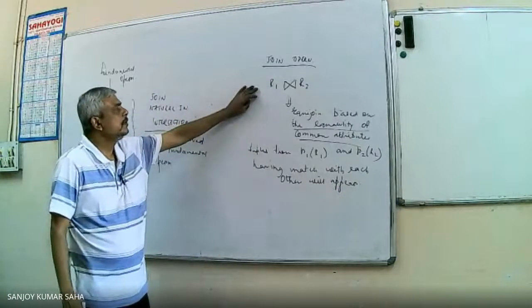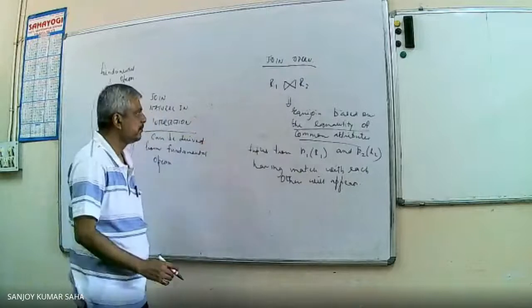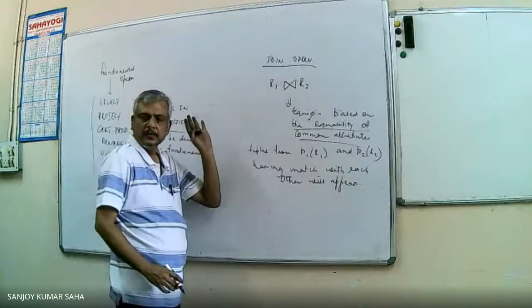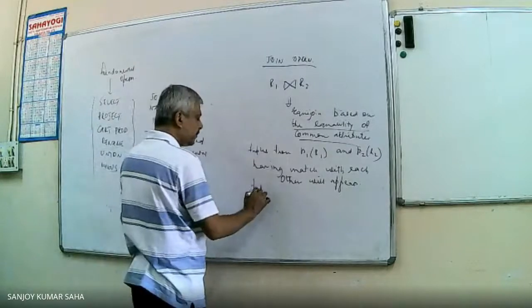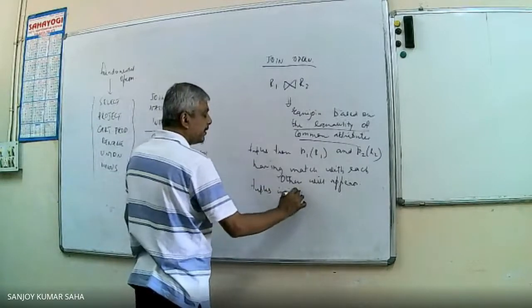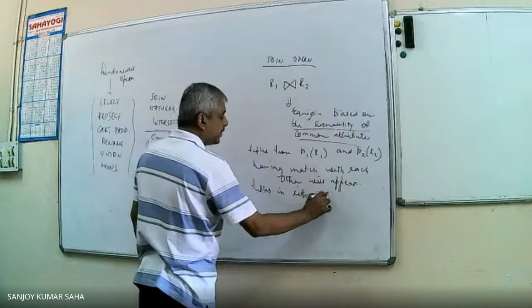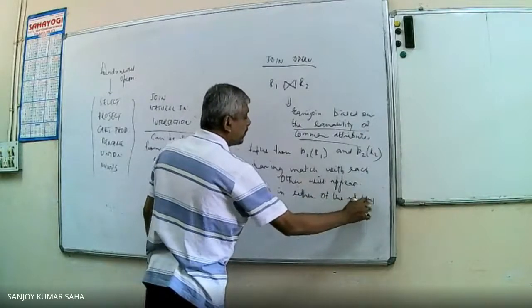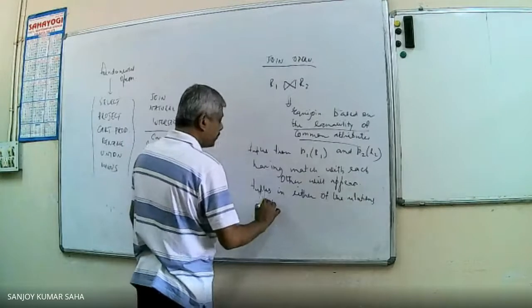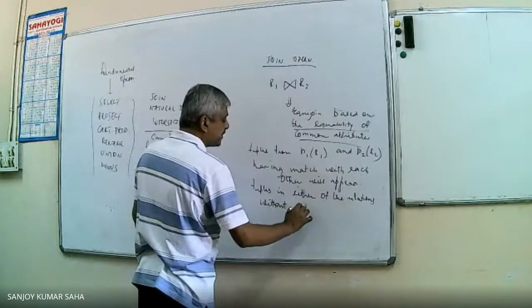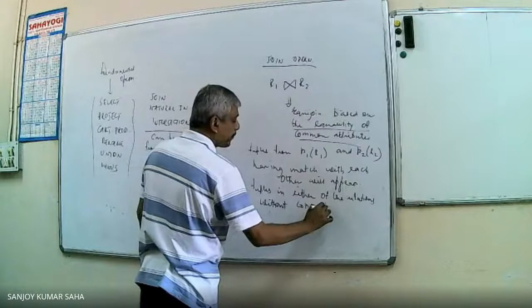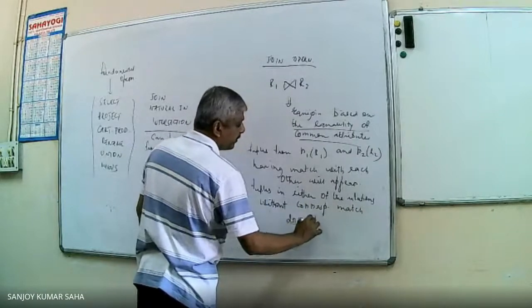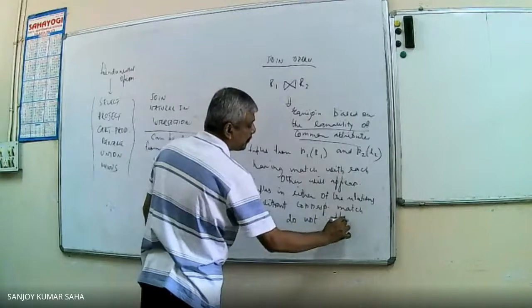So those which cannot find a match, maybe from R1, maybe from R2, tuples in either of the relations without a corresponding match do not appear in the output.